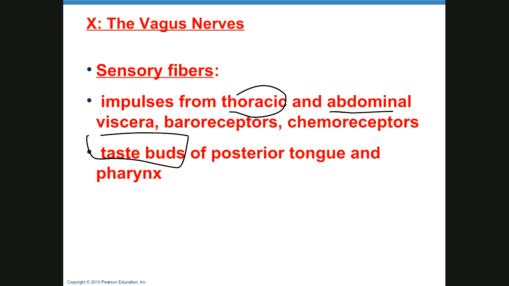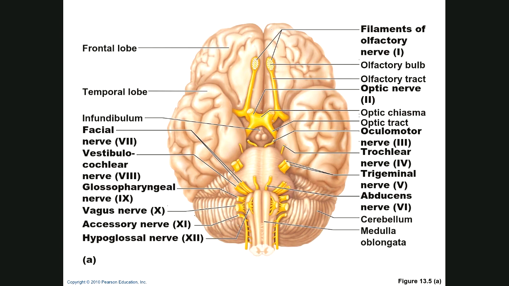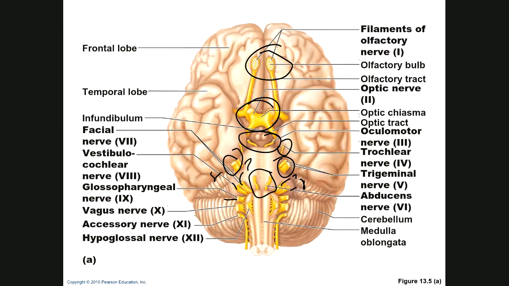So let's go back to the picture of the brain and find cranial nerve number 10, vagus nerve. So this is olfactory number 1, optic number 2, oculomotor number 3, trochlear number 4, trigeminal number 5, abducens number 6, facial number 7, vestibulocochlear number 8, glossopharyngeal number 9, below glossopharyngeal, vagus number 10.